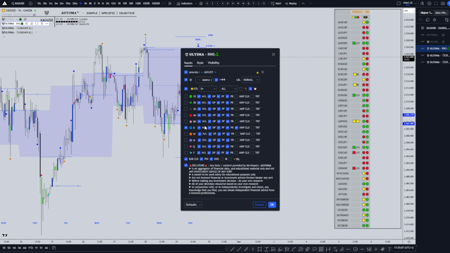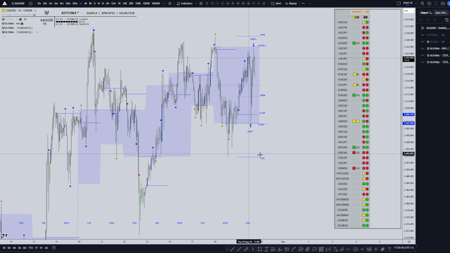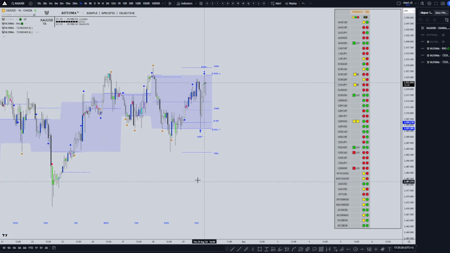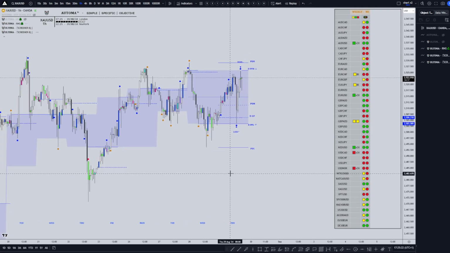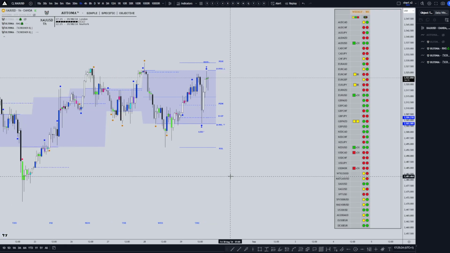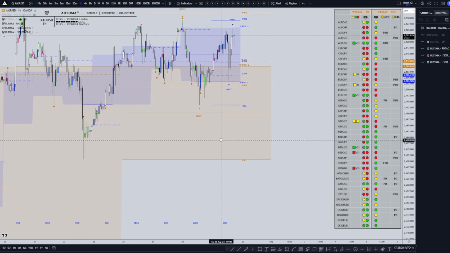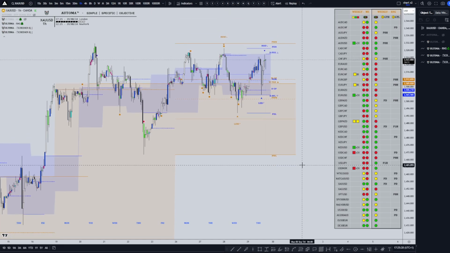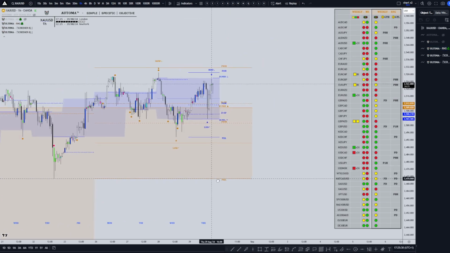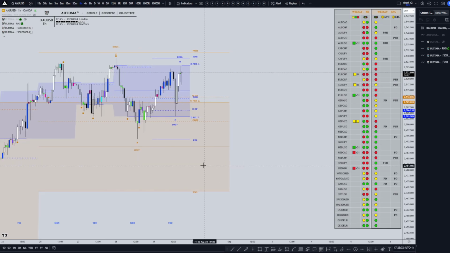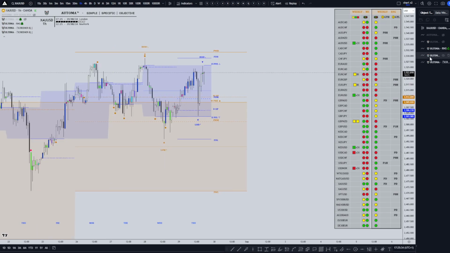So we can disable, let's say, the weekly golden templates, and we add the weekly's manipulation cloud and daily's manipulation cloud. Actually, we don't need the weekly's manipulation.